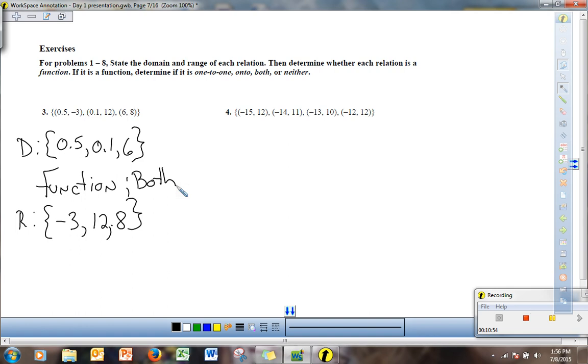Okay. And then just to fly through number 4, I'm sure you got the hang of it. Capital D, colon, brace. Looks like I've got a -15, a -14, a -13, a -12. None of those repeated, so I know this thing's a function.